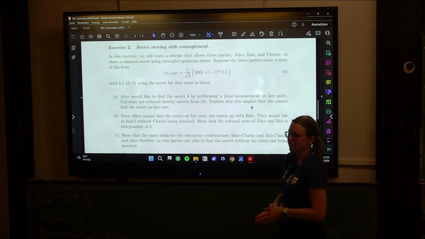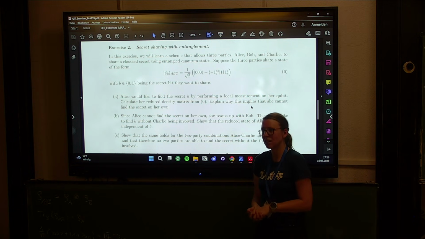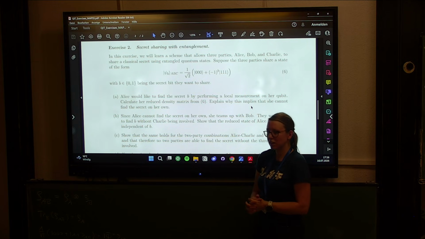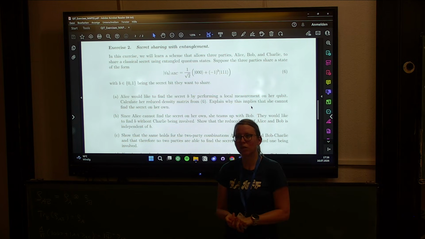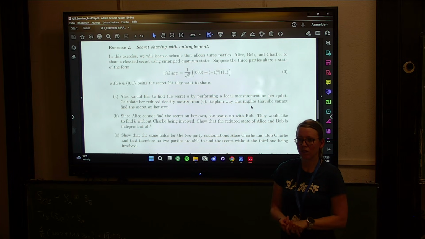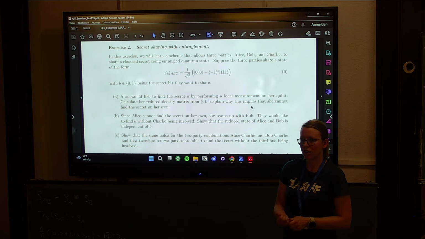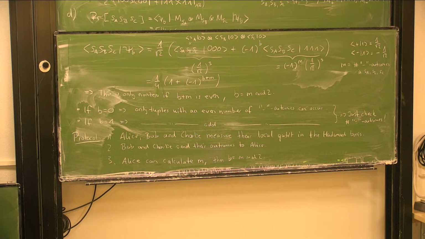Okay, I see. But then it's only A, B, and C. Yes. So can I say any 3? I think you can do something classically using Shamir's secret sharing, where you have partial keys. I'm pretty sure there is a way to do that, but I don't exactly know how you would do it.